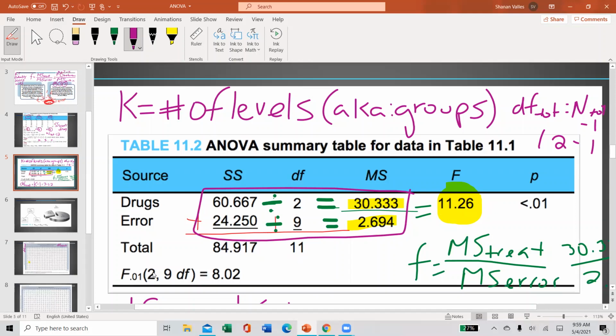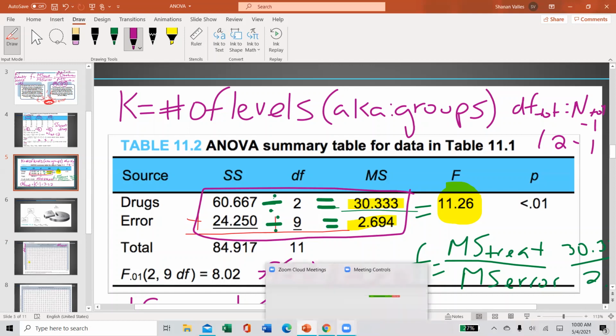This is why right here, when we say what our results are, we could do something like F(2, 9) = 11.26, p < 0.01. That's how you would write that in symbolic notation. We did an F test. Our two important degrees of freedom were 2 and 9.